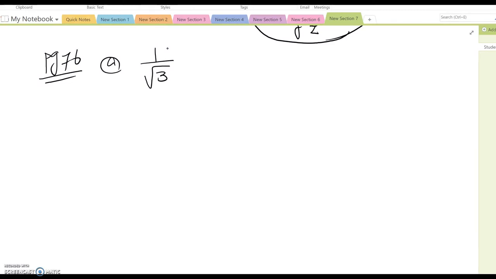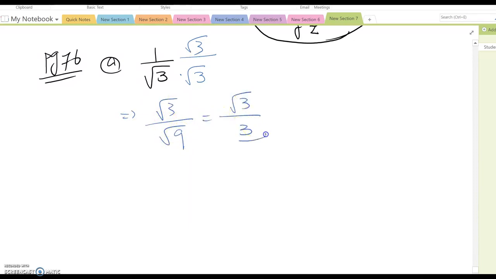This is square root 3. Then what do we have to multiply so it becomes a rational 3? If you think root 3, then that is correct. Then this becomes root 3 over root 9, so root 3 over 3. That should be the answer.